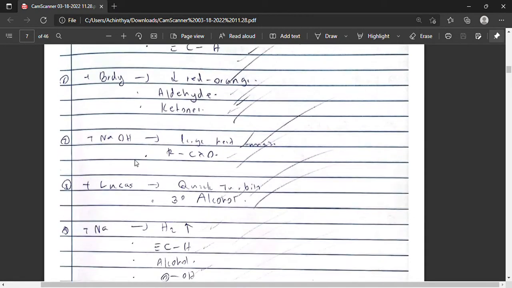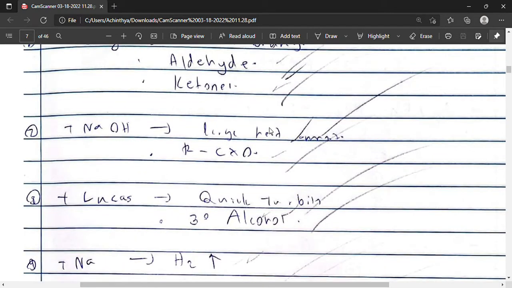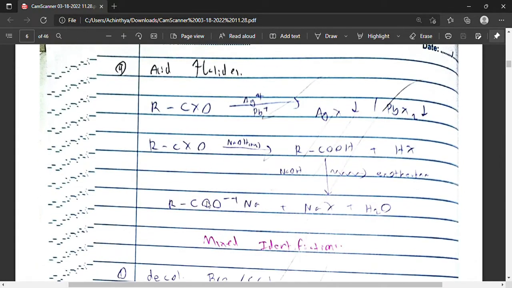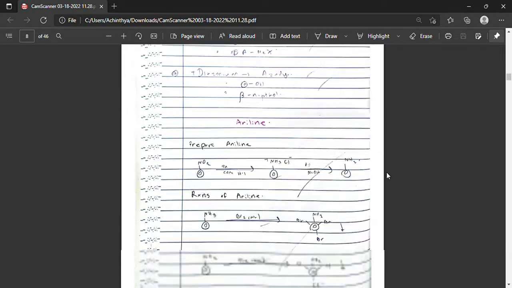If we were to add sodium hydroxide and a large amount of heat is produced, that means what you have is an acid halide. You see here, this reaction happens very quickly. We add sodium hydroxide and the full process goes, and it's very exothermic.